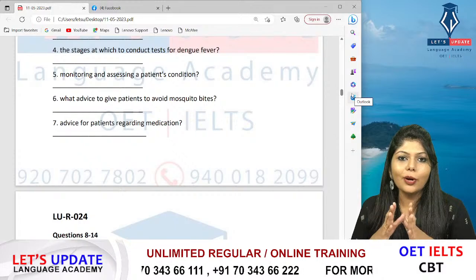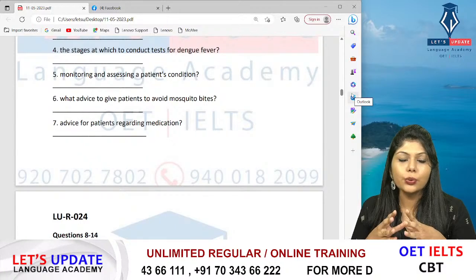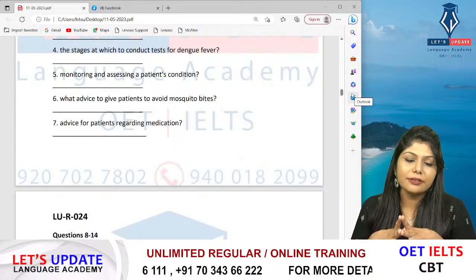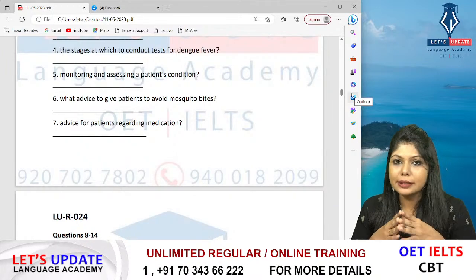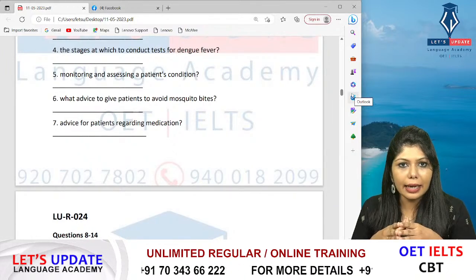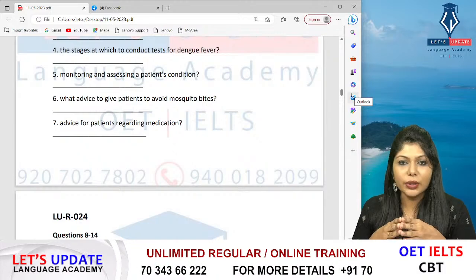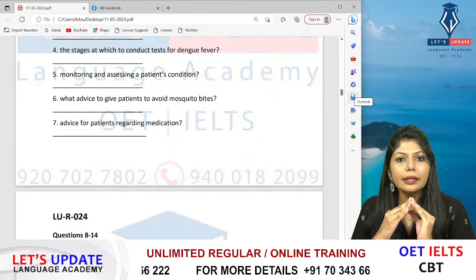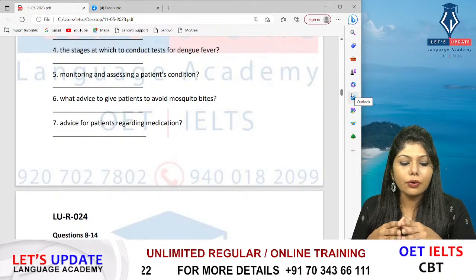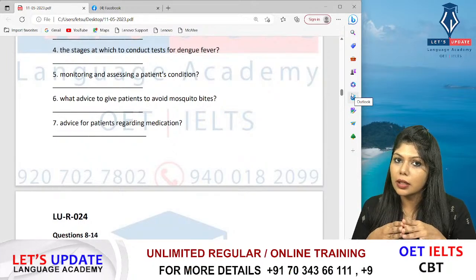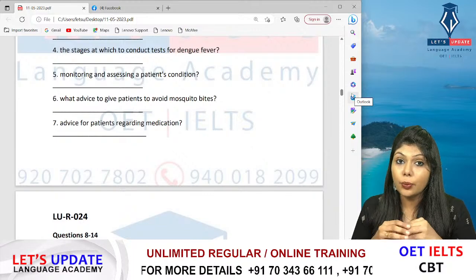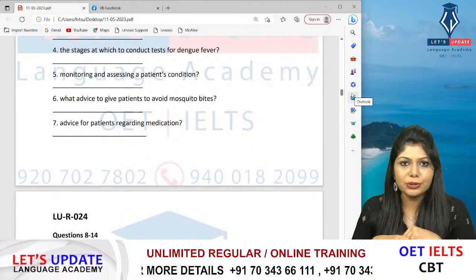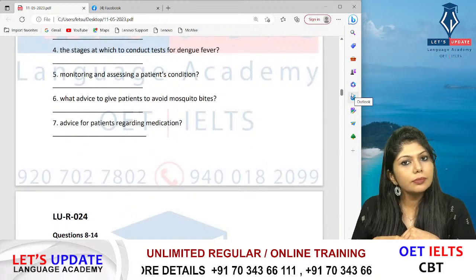Your very first intention when you read it is to locate this information. Once you have located it, underline it, highlight it, so that you know where it is. And after that you can come forward and read the questions and then locate the answer quickly from the full text.